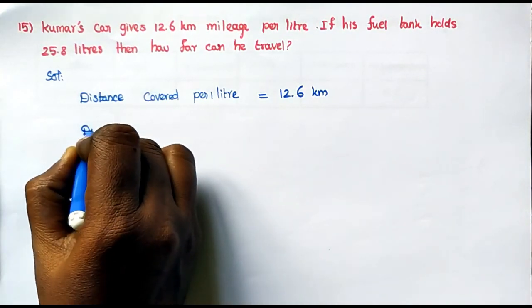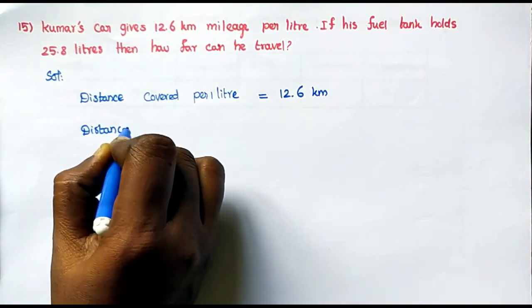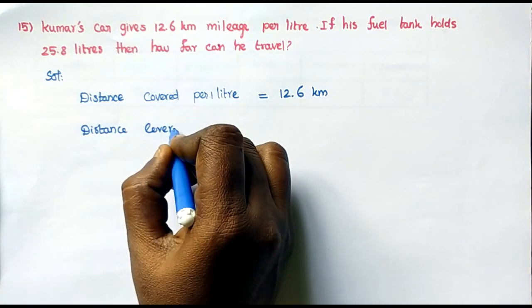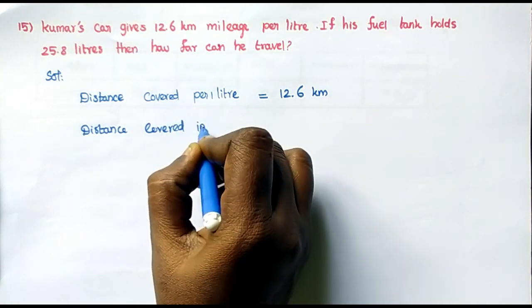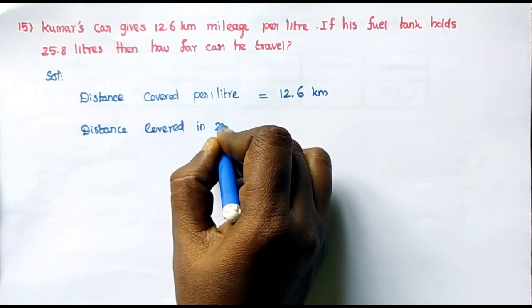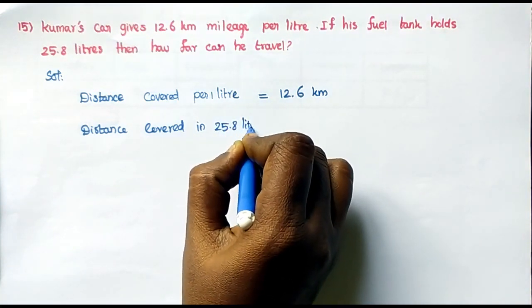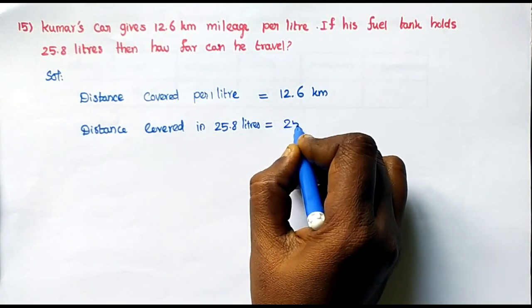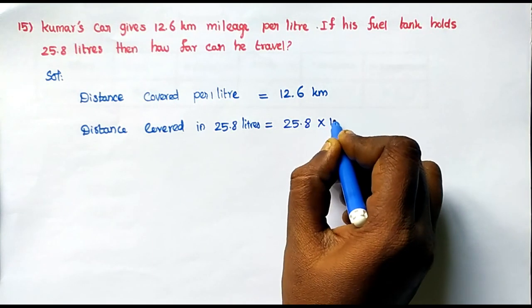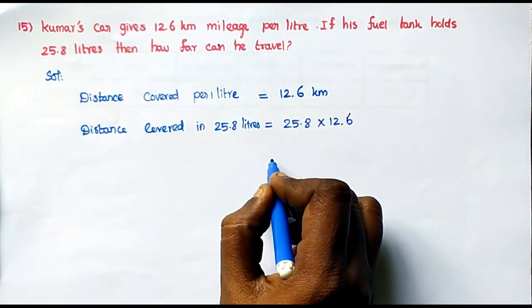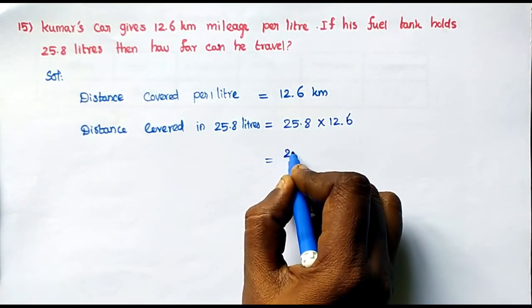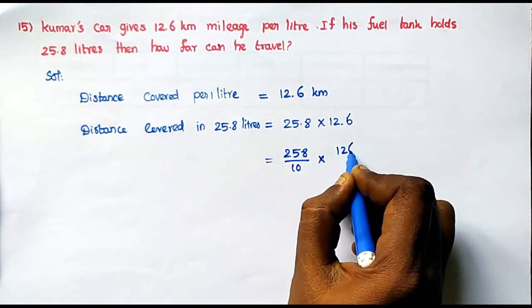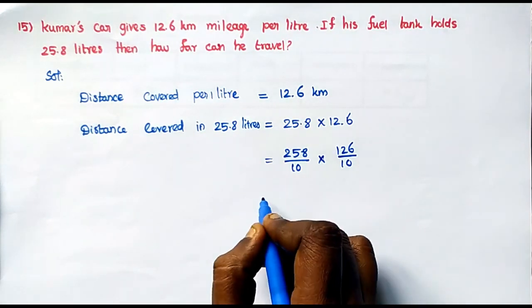So distance covered in 25.8 liters means 25.8 into 12.6. Write in fraction, 258 divided by 10 into 126 by 10.